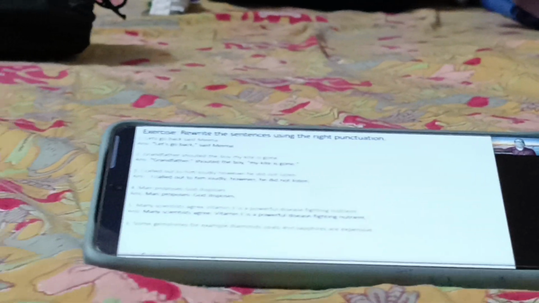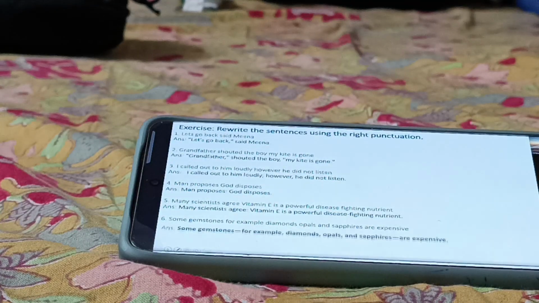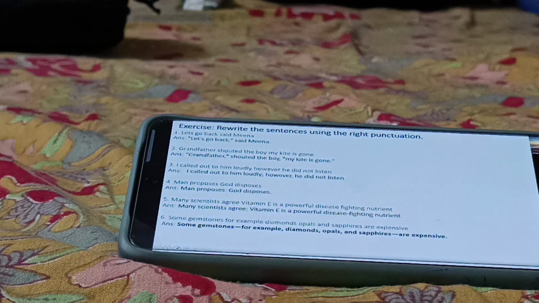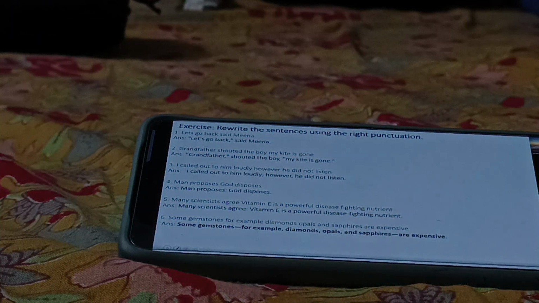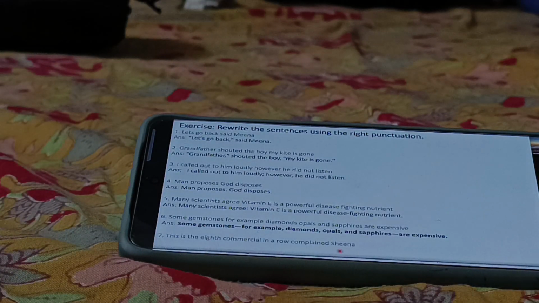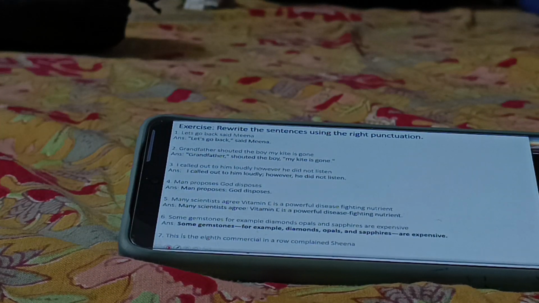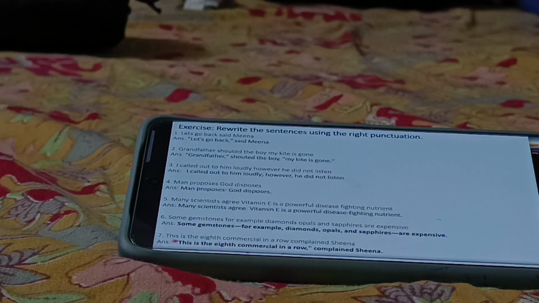Some gemstones, for example diamonds, opals, and sapphires, are expensive. So: some gemstones, M dash, for example, diamonds, opals, and sapphires, again M dash, are expensive. Get this one: This is the 8th commercial in a row, complained Sheena. With double quotes: "This is the 8th commercial in a row," complained Sheena.